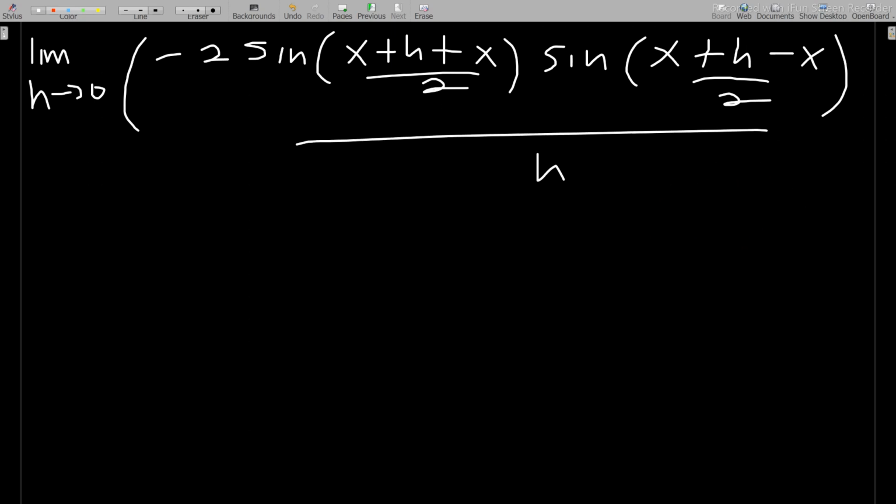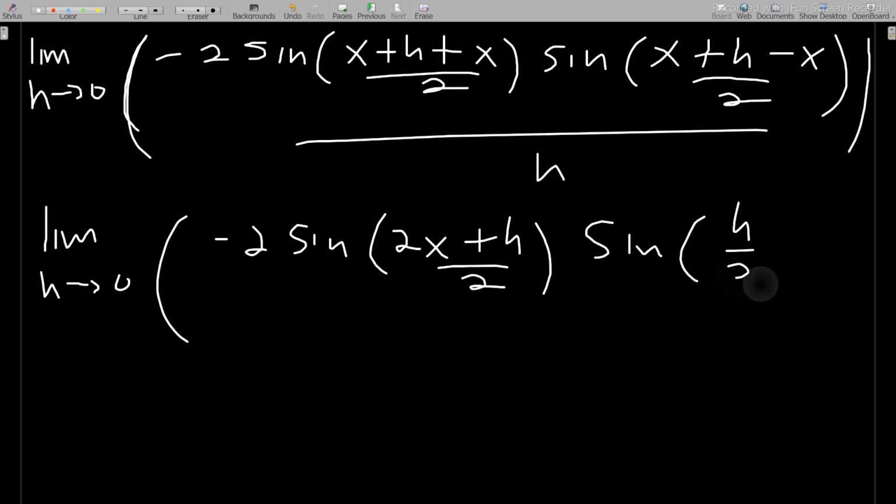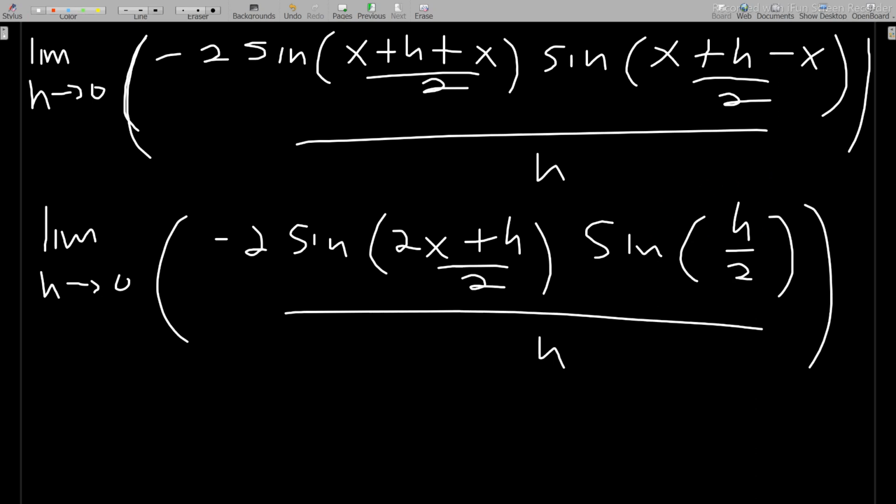I hope you get this. Let's go ahead, and this will give us the limit as h approaches 0 of minus 2 sine of (2x plus h) over 2, then sine of h over 2, all over h.